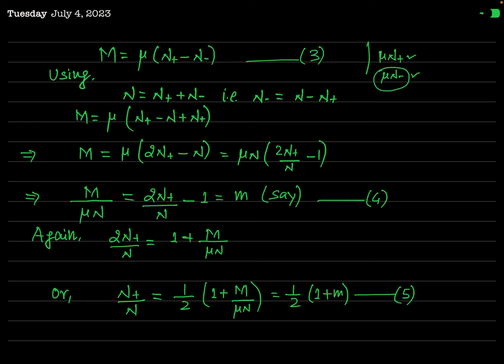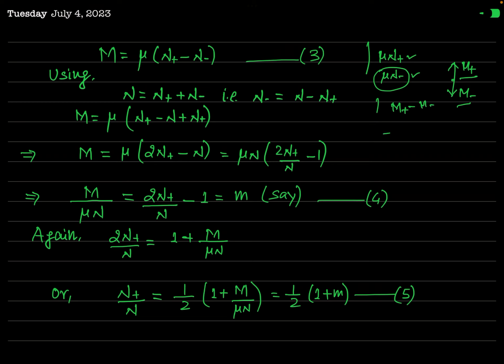In other words, we can also say that if a magnetic moment, let us say m plus, is directed up, and a magnetic moment m minus is directed down, then what will be the net magnetic moment? As we have considered that n plus is greater than n minus, the value of m plus will be greater than m minus, and so the resultant magnetic moment will be m plus minus m minus.